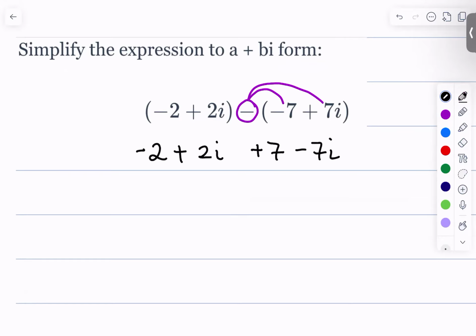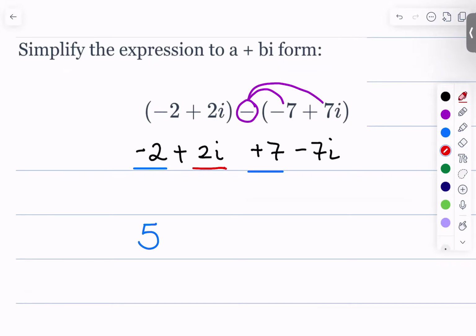Now that I've distributed out the minus sign, I don't need those parentheses anymore. Those parentheses are gone. So now I just gather the like terms: gather the real numbers, gather the imaginary numbers. So -2 plus 7, that would be 5.